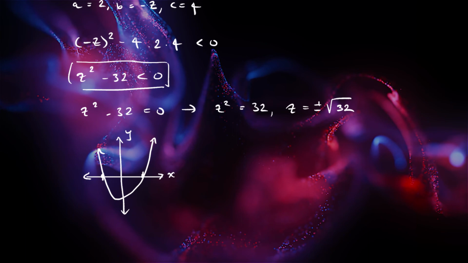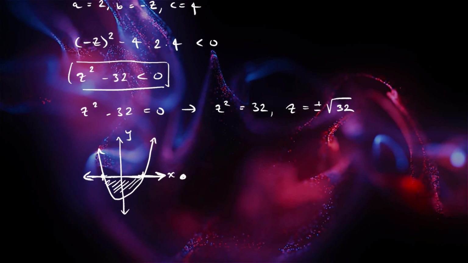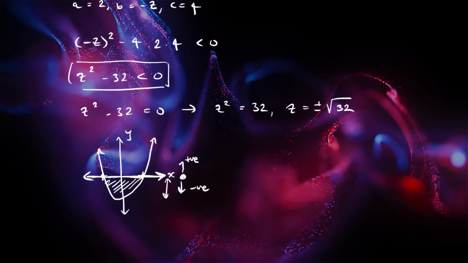This can only be true for underneath this x-axis, right? So all the values in here are less than 0, because this is 0 here. So the values up above are positive and the values down below are negative. So this can only be true below the x-axis.